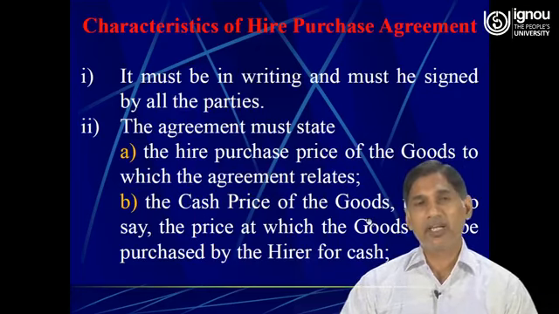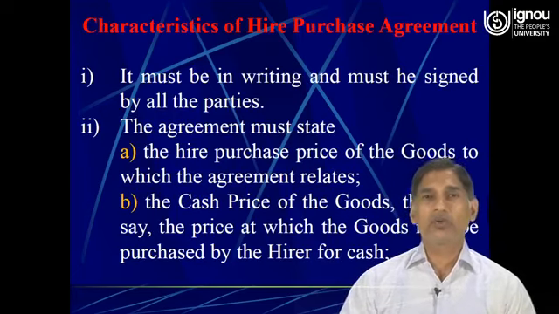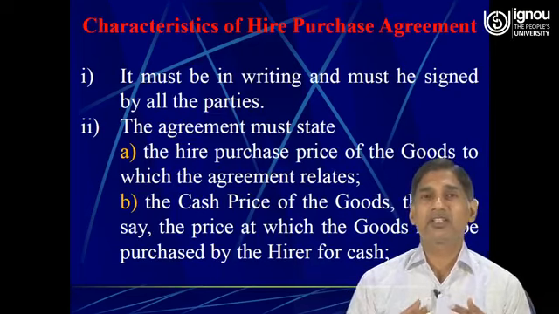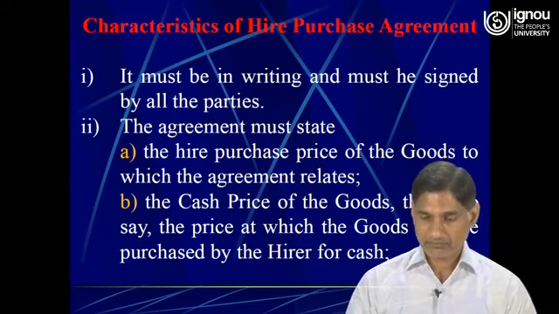The cash price must also be mentioned, because when we know the cash price and the hire purchase price of the article, the difference between these two is known as the interest part. That is to say, the price at which the goods may be purchased by the hire purchaser for cash.